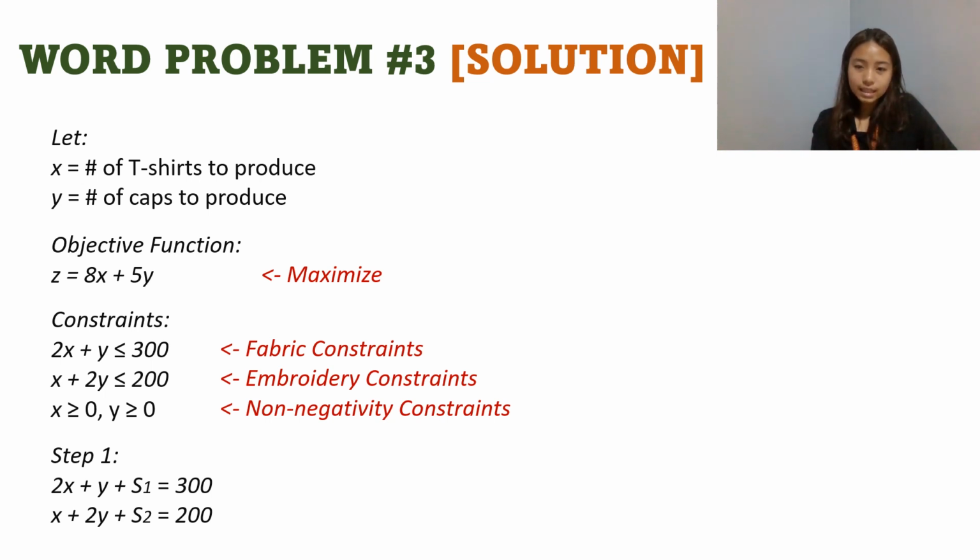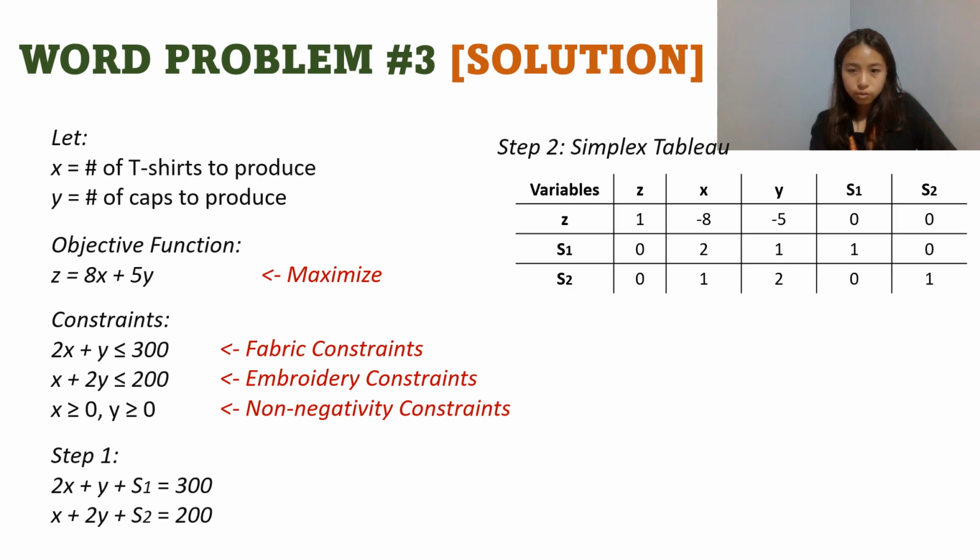These are equalities because they have slack variables. As I said earlier, in the simplex method, if it is an inequality we must add slack variables. So, the simplex tableau. These are the simplex tableaus.